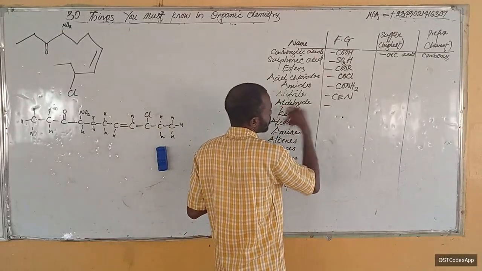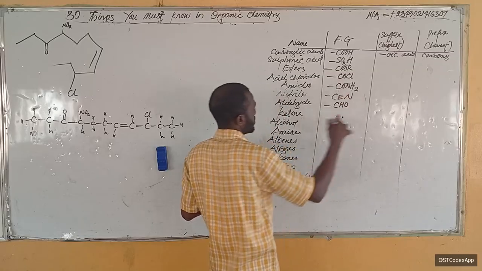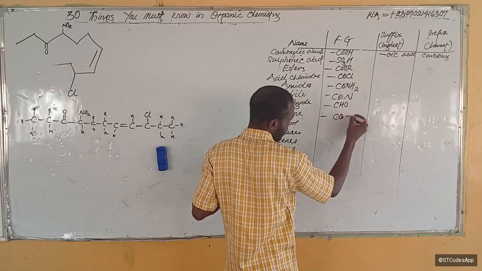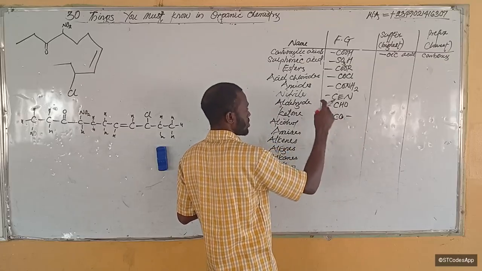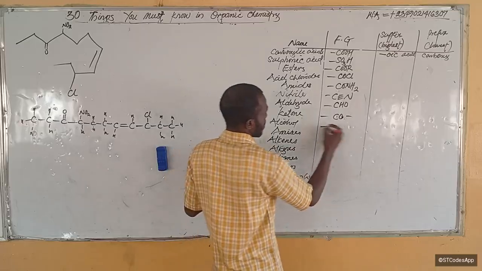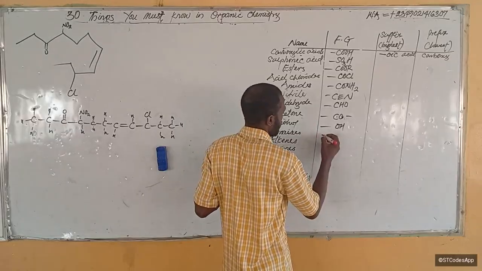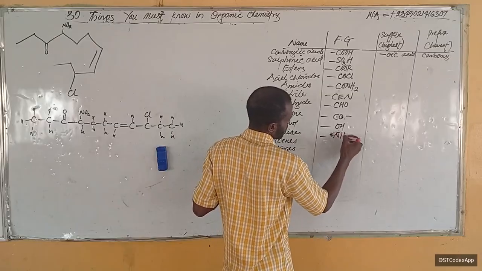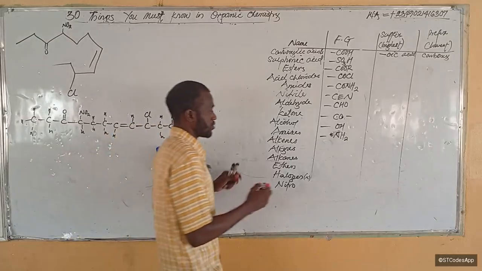Then aldehyde, we have CHO, that is C double bond O and H. It's terminal. Then this one is CO, that's C double bond to O. Then alcohol is OH, ROH. Then amines is NH2.